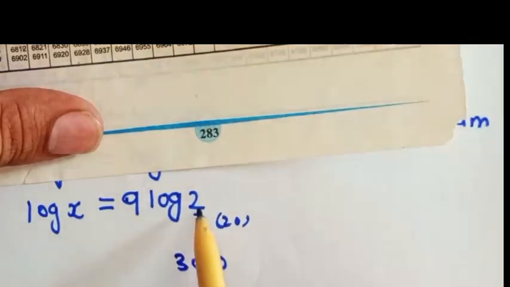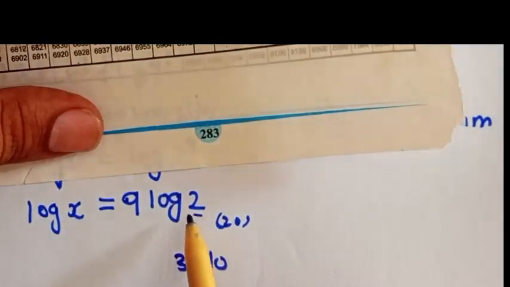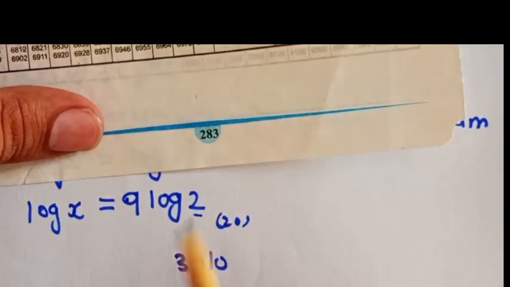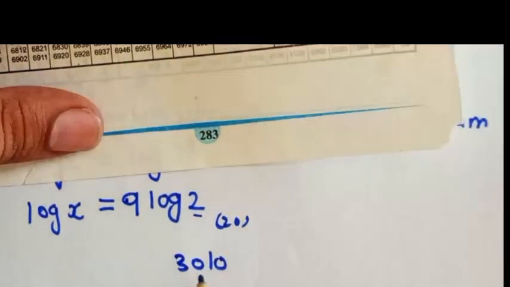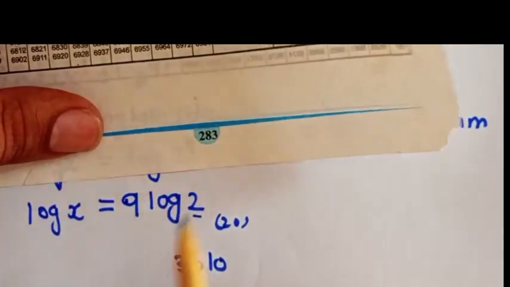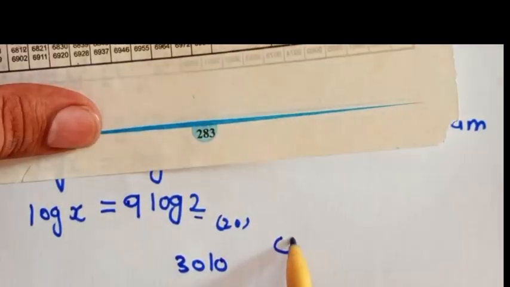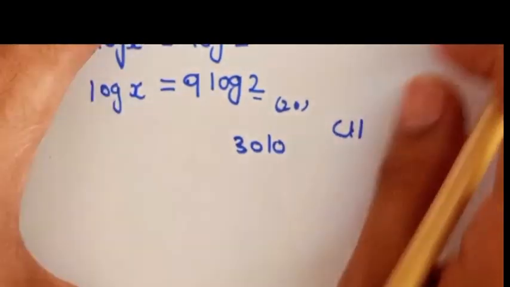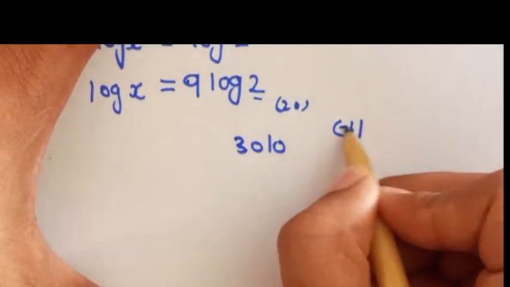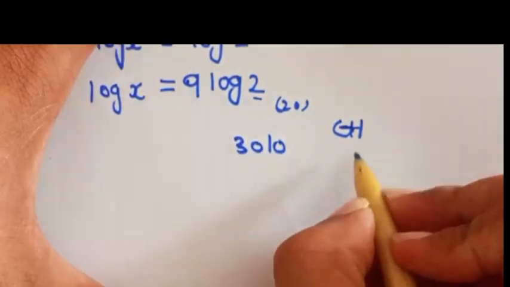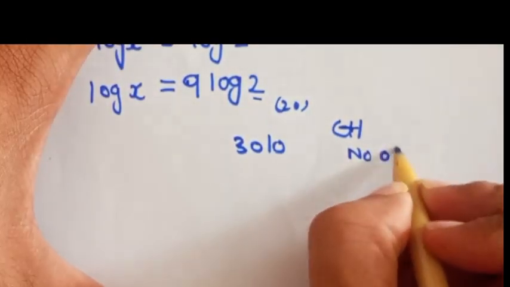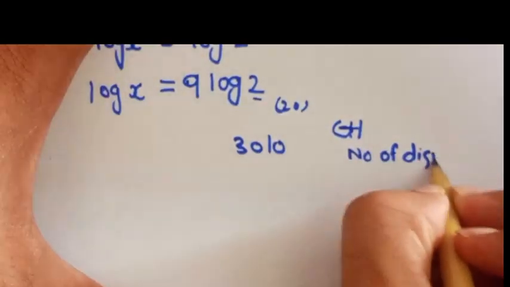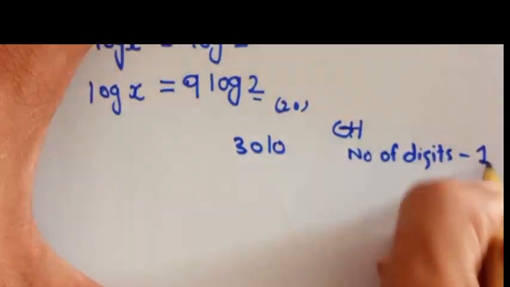So you know how to find its characteristic. For finding the logarithmic value, I need to separate it into characteristic, the integral part, and mantissa, the decimal part. What is the formula of characteristic? The formula of characteristic will be number of digits minus 1.